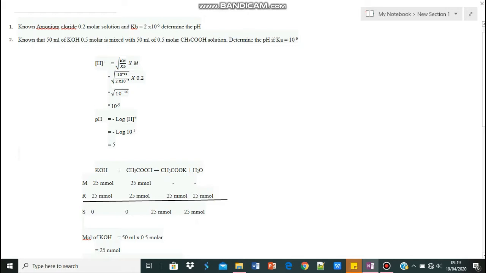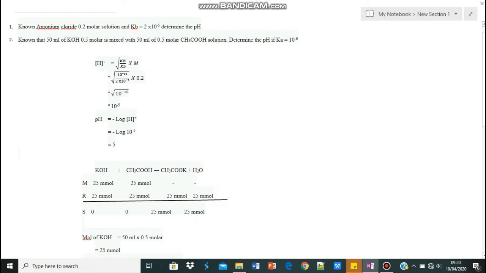Okay, because ammonium chloride is an acid salt, the formula to calculate pH is pH equals minus log concentration of H plus.